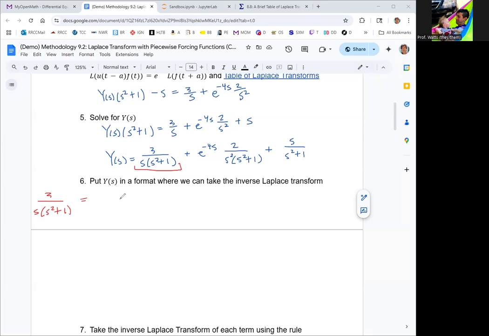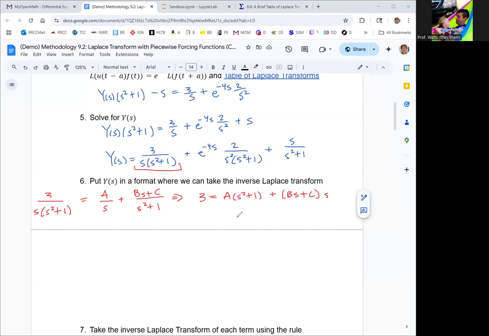So we're going to break that into a over s, and then bs plus c over s squared plus 1. And then if you multiply through by the common denominator, which is the s times s squared plus 1, get all the fractions cleared away. And then we just need to figure out these unknown coefficients a, b, and c.